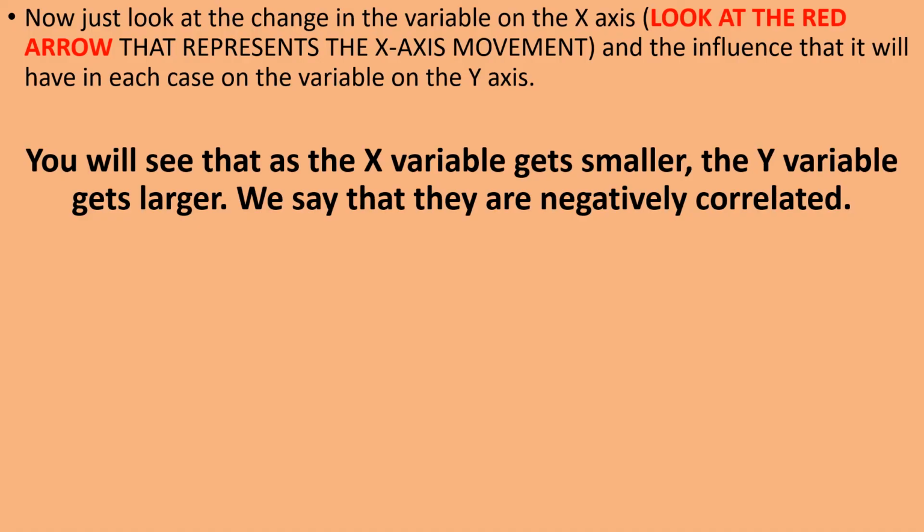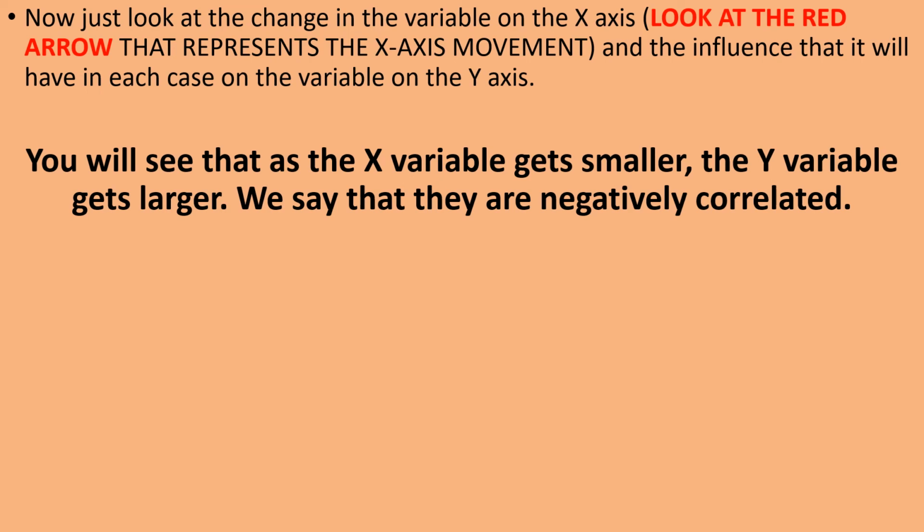Now I want you to concentrate and to look at the red arrow. So just look at the change in the variable on the x-axis. It's represented by the movement of the red arrow, and the influence that it will have in each case on the variable on the y-axis. You will see that as the x variable gets smaller, the y variable gets larger.